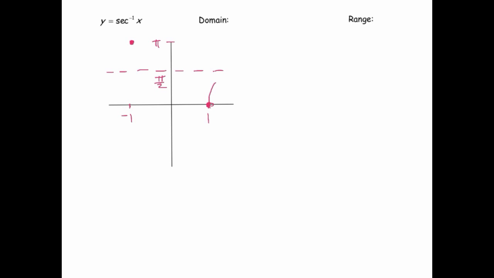And we know that it has to approach the asymptotes. So this is the graph of secant inverse. So we can see its domain is negative infinity to negative 1, union 1 to infinity. And we can see that its range is from 0 to pi over 2, and then from pi over 2 to pi.